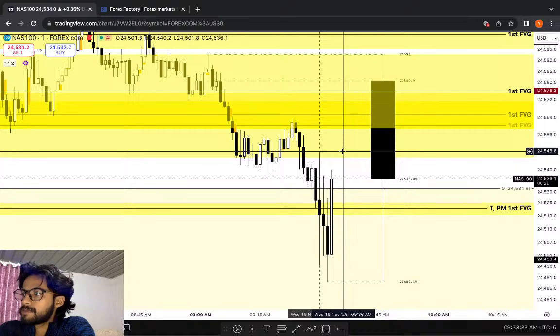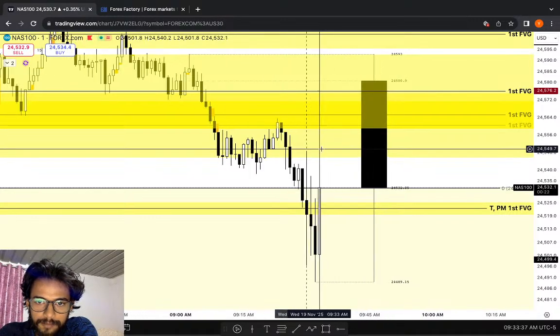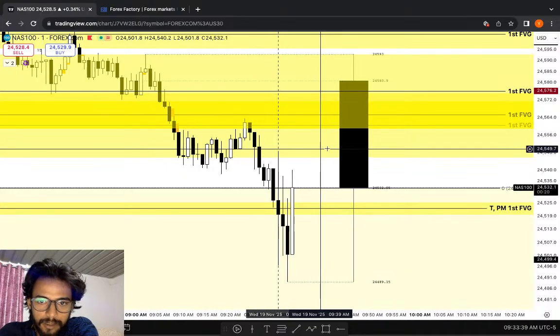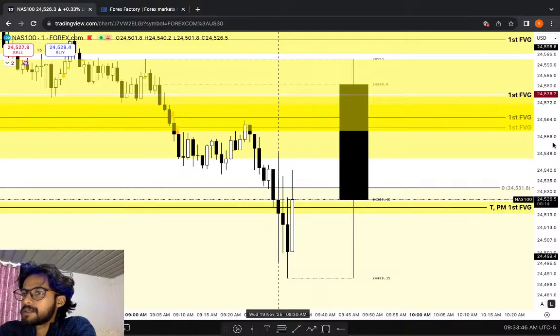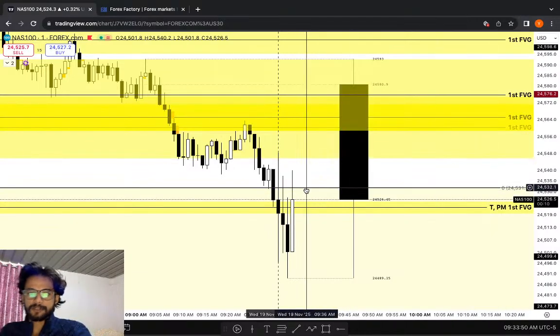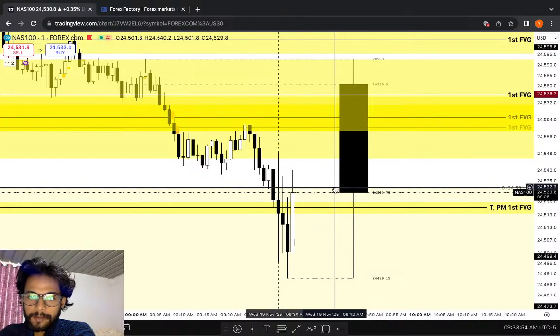See, let's see if we can take this and try to move higher towards the pre-market buy side. It's just getting some kind of resistance from this wick, the low of that wick.